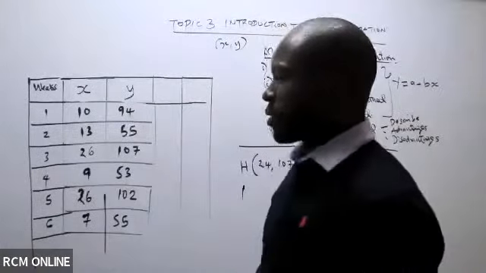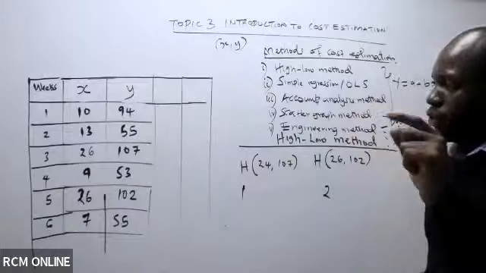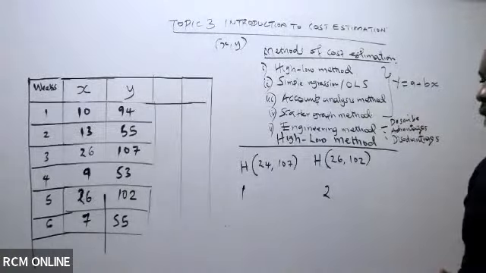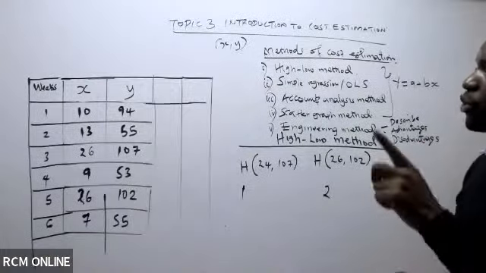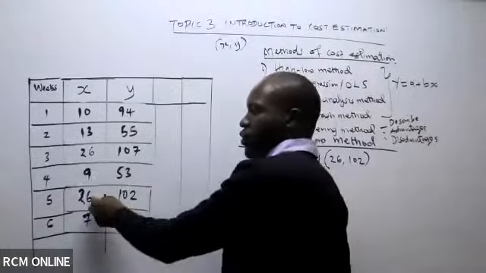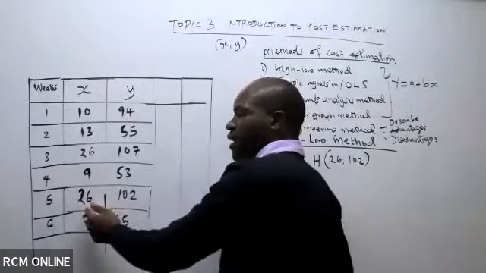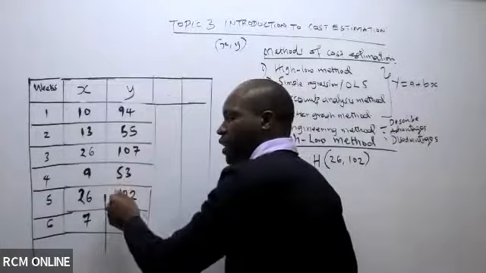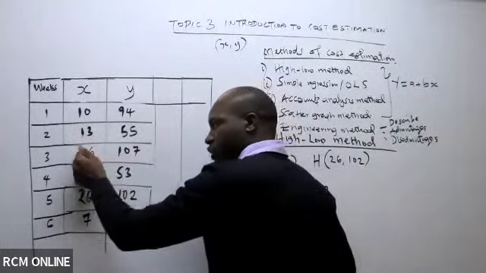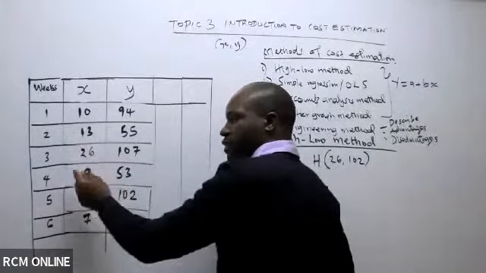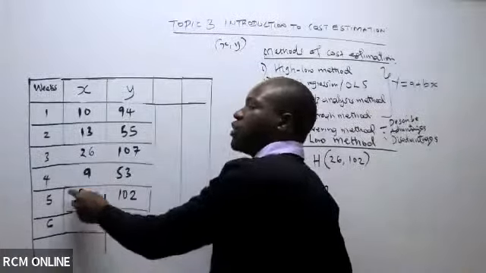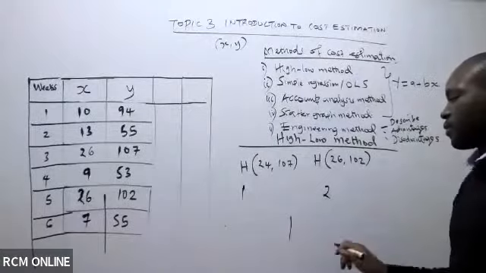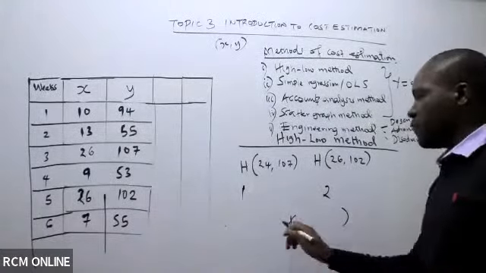Still, we are not going to divert our focus from column X. This time round, because column X has two highest figures that are similar, we now go to column Y and look at the highest figure between the one corresponding to the first 26 and the second 26. So if this was the case, what will be our coordinates here? Somebody? What will be our coordinates if this was the case?